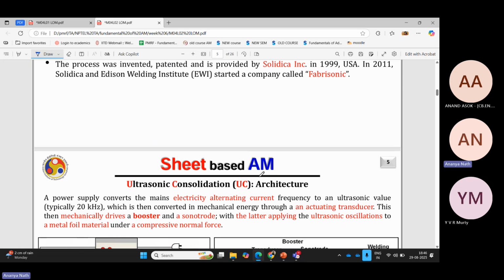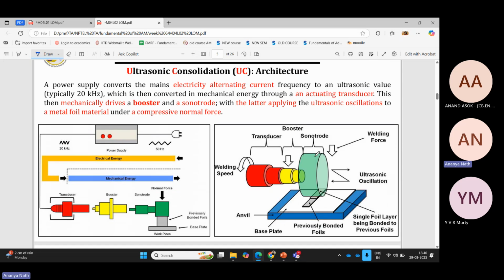Then comes the process, how it takes place. It's a very costly machine because you are taking help of a tool called the sonotrode. This sonotrode is the part through which you are putting the ultrasonic oscillation inside the metal.